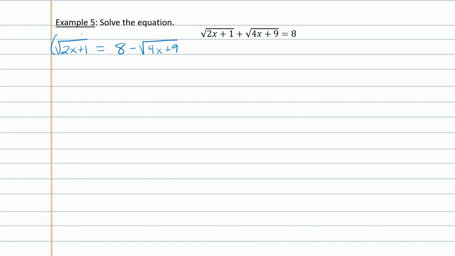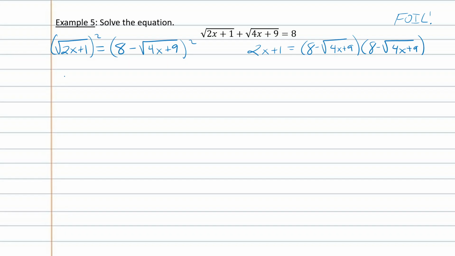Then I'm going to square both sides so that I get 2x plus 1 equals 8 minus the square root of 4x plus 9 times 8 minus the square root of 4x plus 9 because it's squared. And then we're going to work on foiling it out.